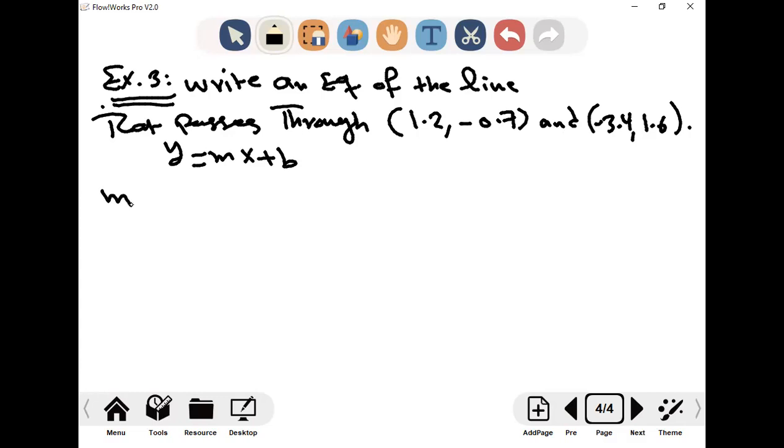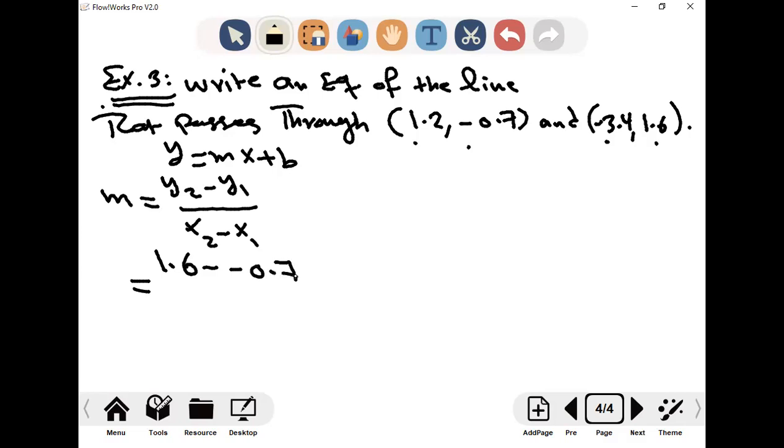So m equals y2 minus y1 over x2 minus x1, and here I have x1, y1, x2, y2. Apply the formula. y2 is 1.6, minus y1 which is negative 0.7, over x2, which is negative 2.4, minus x1, which is 1.2.